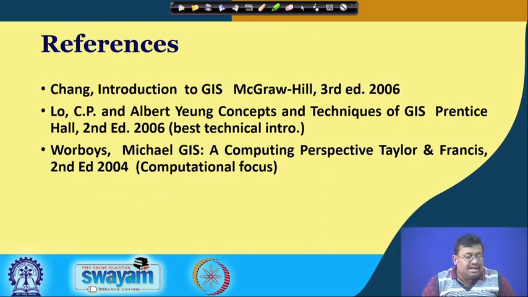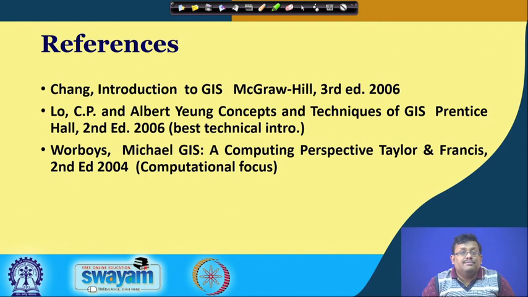Now, the references, obviously, are these 3 references. So, you can follow Introduction to GPS by Chiang, which is the 3rd edition, and then Lowe and Albert Young, Concepts and Techniques of GIS, published by Prentice Hall, which basically gives you the best technical introduction for GPS.